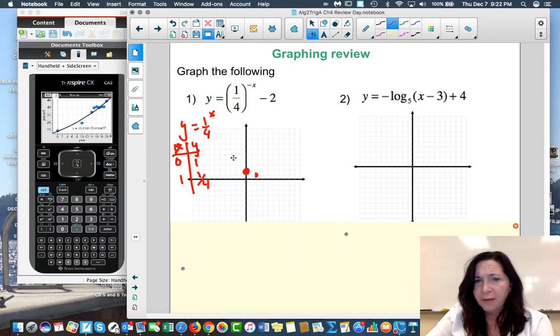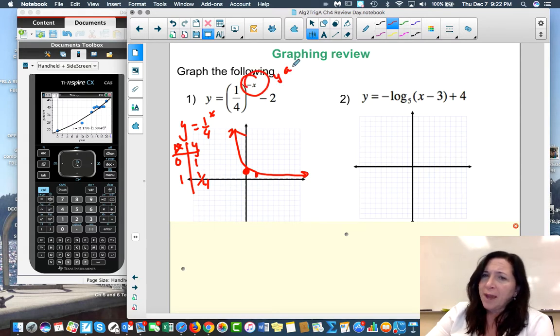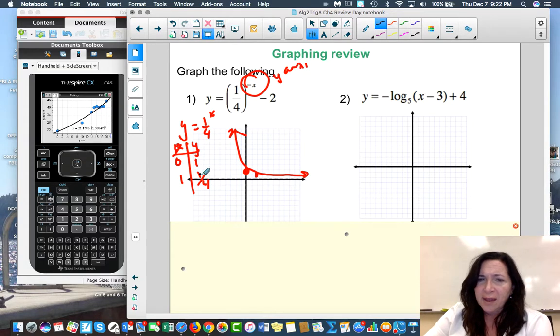So this graph, which is an exponential equation, does decline and decay like that. This negative x up here reflects across the y-axis, okay? So in this case now, this graph is now going to look like this, okay? This point that was here is now over here. This point being on the axis, the y-axis, still stays the same.